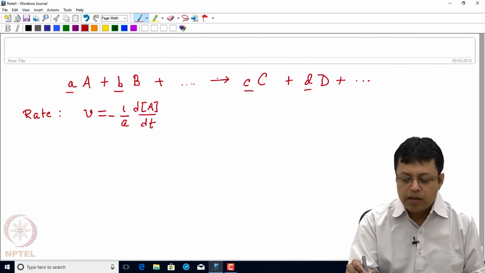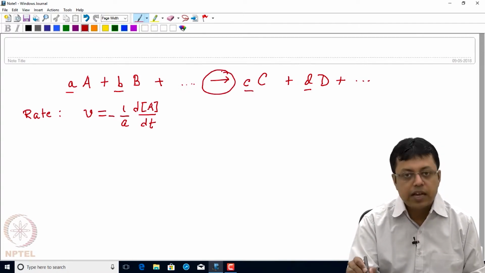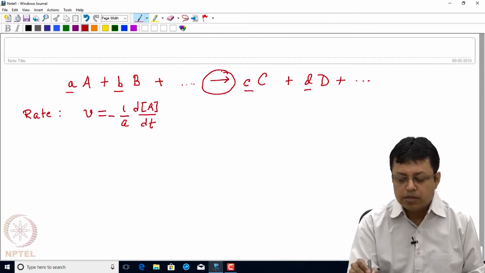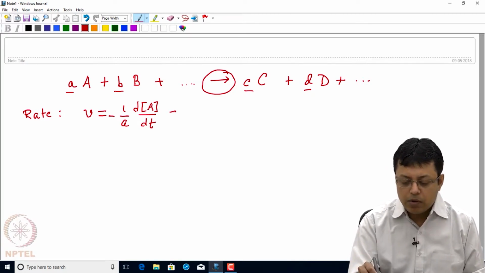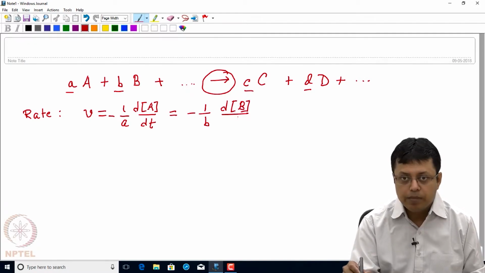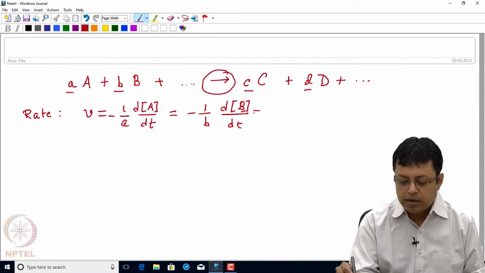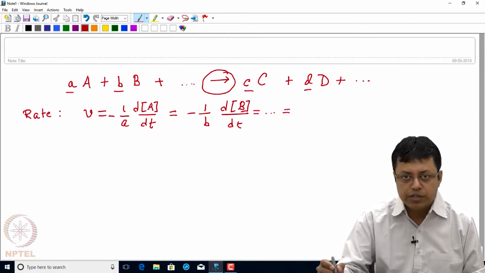The reason is we have chosen this reaction to be irreversible, because I have written it as a single arrow, and we could also express it in terms of the other reactant B. So for that it will be minus 1 over small b, d[B]/dt. Similarly, we could also write it in terms of the product concentrations.